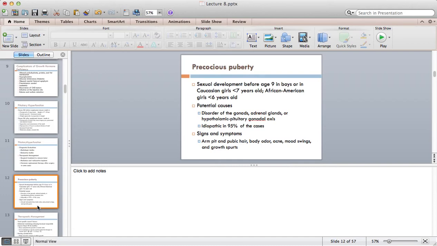And you can imagine a 6-year-old or 7-year-old in a class with their peers and they are the only ones that have all these sexual characteristics, including changes in their voice and everything. So they will look very odd in the midst of their peers. So they have all these things that you will notice in adolescents, but they're very young.